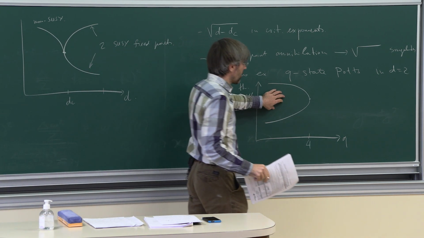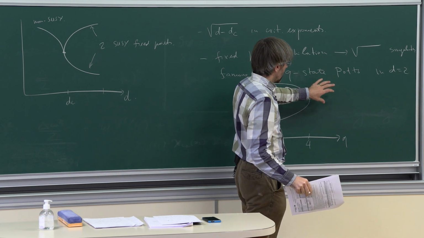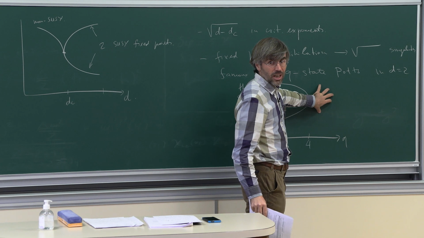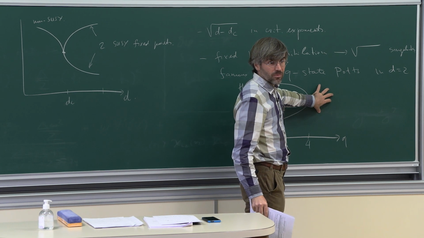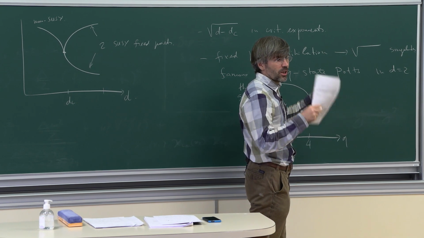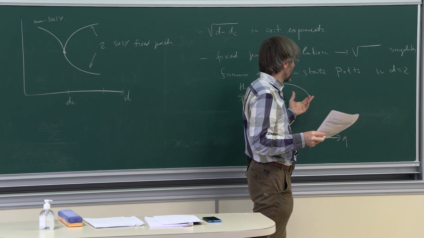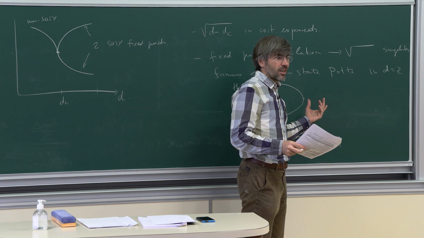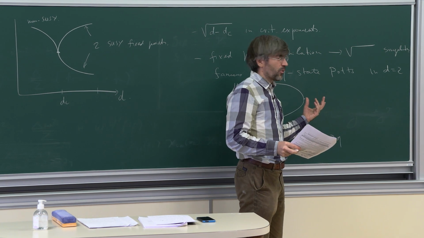But after this happens, you don't find any fixed point on the other side of the phase diagram, because the annihilated fixed points went into the complex plane. And this is actually very easy to understand from the point of view of the beta function.